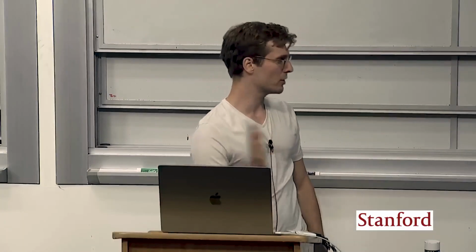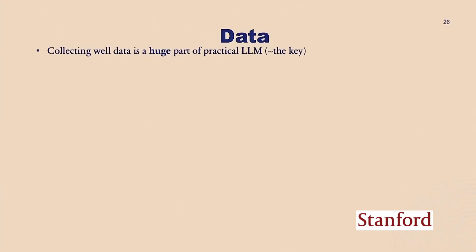The other things, like continual pre-training for getting longer context, I'm going to skip over. But that's just to give you a sense of how hard it is when people just say, oh, I'm going to train on the internet. That's a lot of work. And really, we haven't figured it out yet. So collecting data is a huge part of practical large language models. Some might say that it's actually the key.